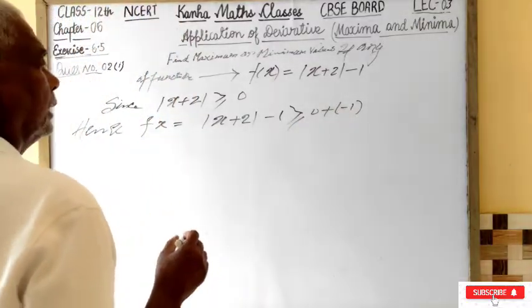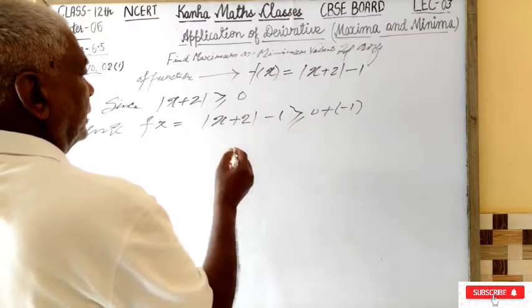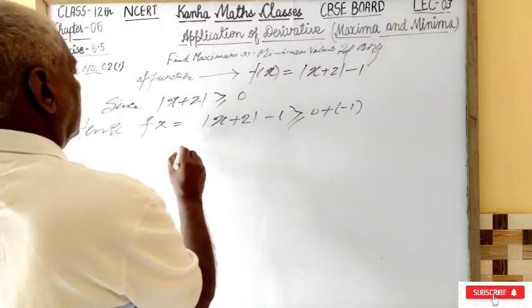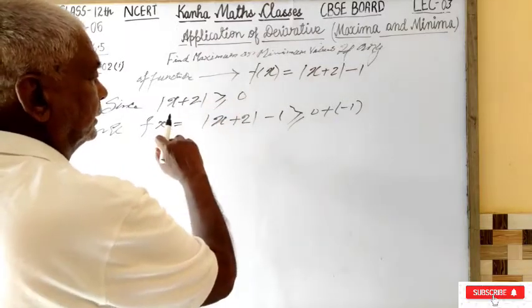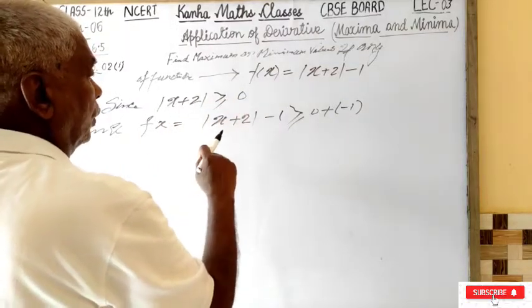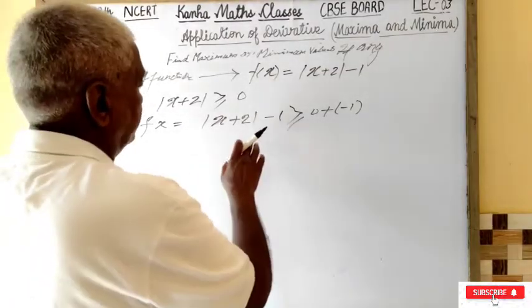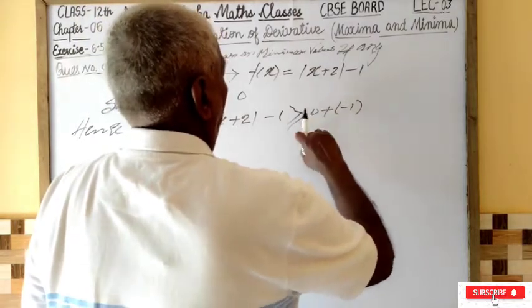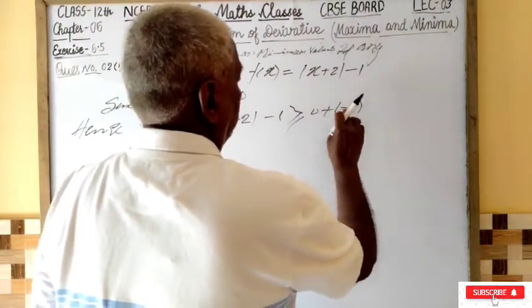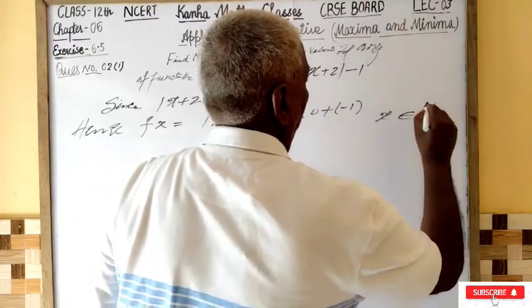Here you have already declared that |x + 2| is greater than or equal to 0. So now you may write f(x) = |x + 2| - 1 is greater than or equal to 0 + (-1) for every x in the real numbers.